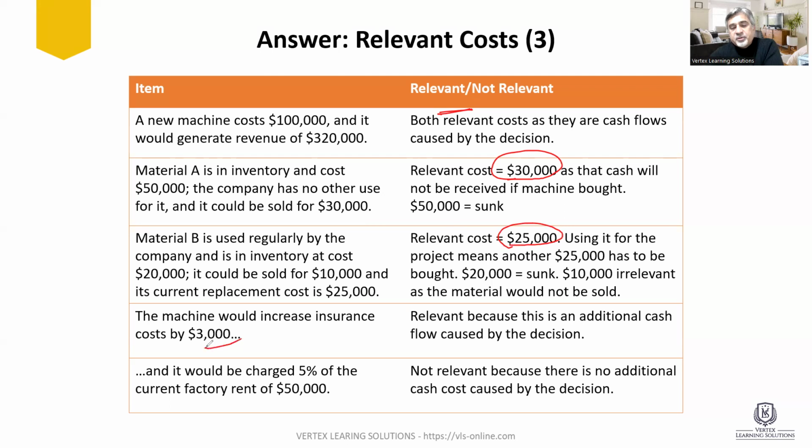The machine would increase insurance by 3,000, so this is relevant. The 5% charge is not relevant, because existing overheads cannot be charged to the new project. Whether you buy this new machine or not, you are already incurring this 50,000 of overheads. These are not the result of buying a new machine. Okay, so this is the answer to this one.